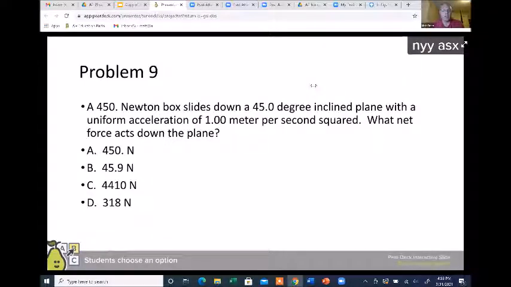I got a question in the chat about that last problem: why does the system acceleration equal F over 5? So I just took Newton's second law and I solved it for acceleration. A equals F net over M. So the net force acting on that system, since there wasn't any friction, was just F. And the mass of that whole system was the 3 kilogram box plus the 2 kilogram box, 5 total kilograms.